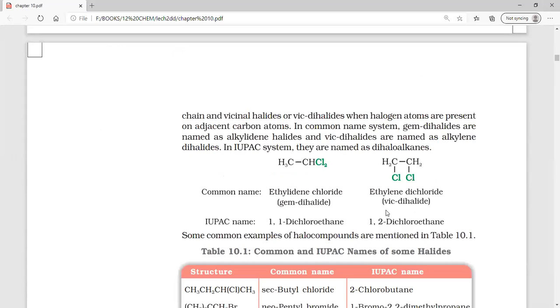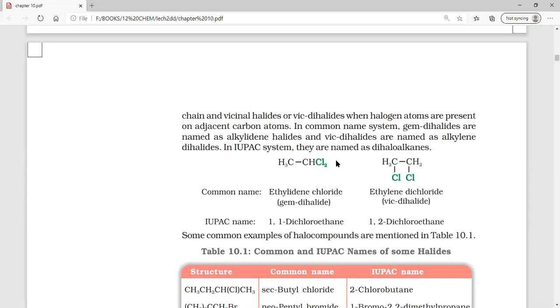Now, when it is a dihalide, it could be a gem dihalide if both halides are on the same carbon atom, or a vic dihalide if the halides are on 2 different carbon atoms. So ethylidene chloride and ethylene dichloride. Here the 2 chlorine atoms are on the same carbon. It is very unstable because 2 electronegative heavy groups are attached to the same carbon.